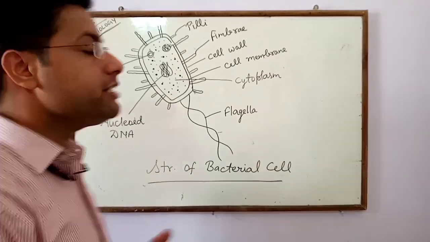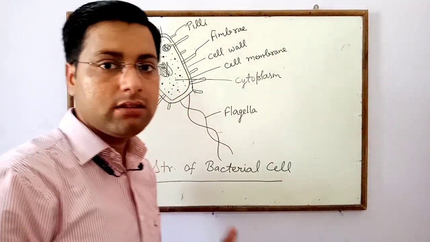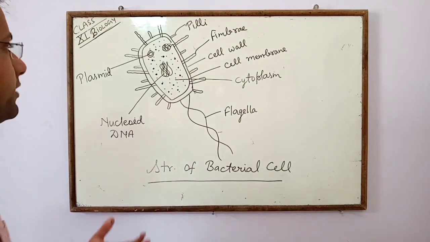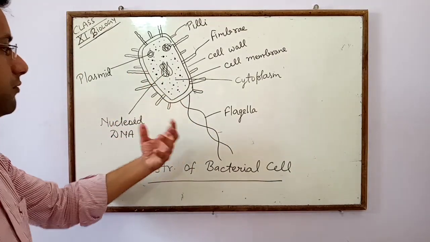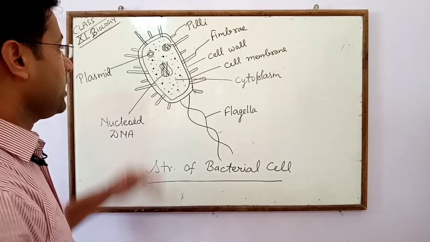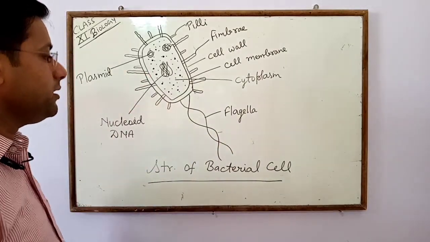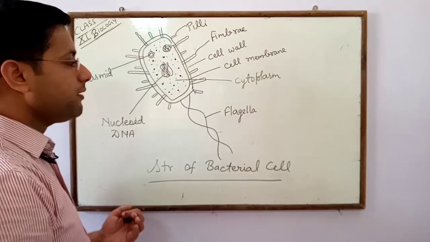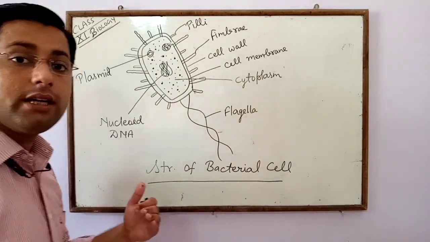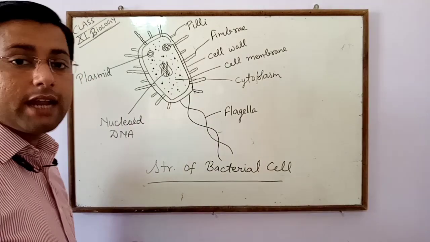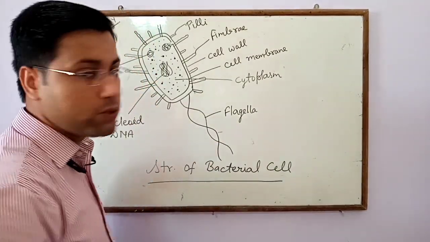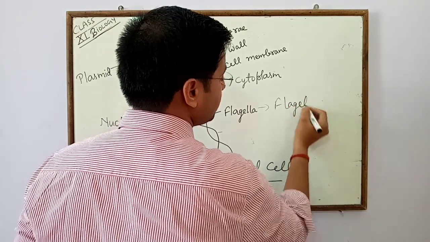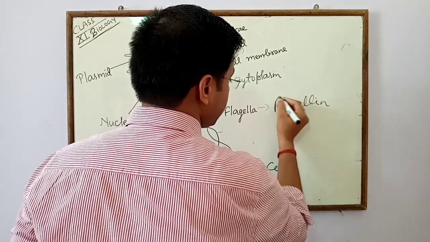Now this is the structure of a bacterial cell. Their shapes are different. So here is one bacterial cell, and first, flagella is present. With the help of flagella locomotion occurs in bacteria, meaning through flagella they can move from one place to another, and flagella is made up of a special type of protein, that is flagellin.